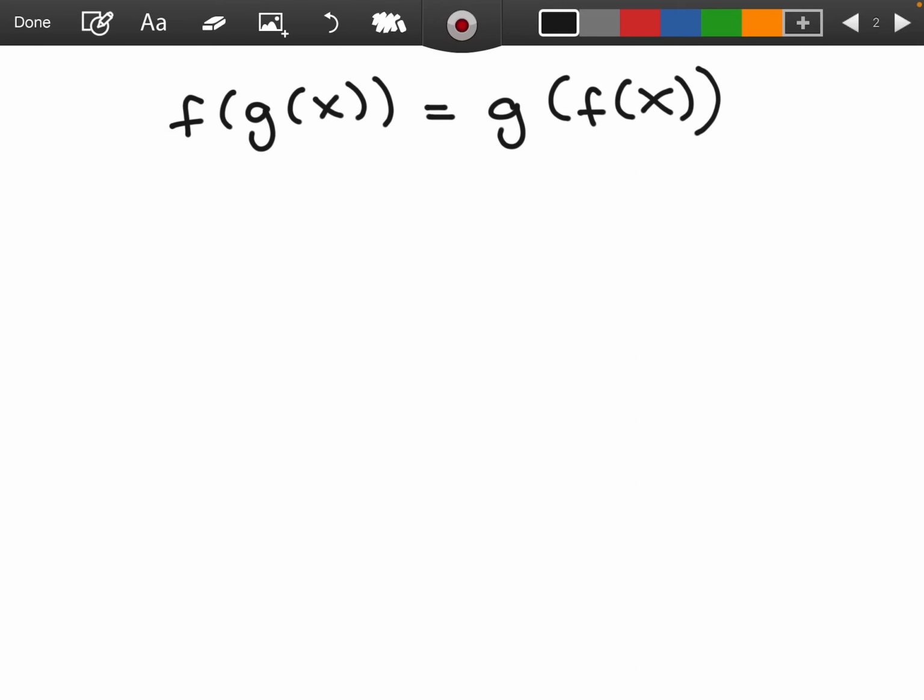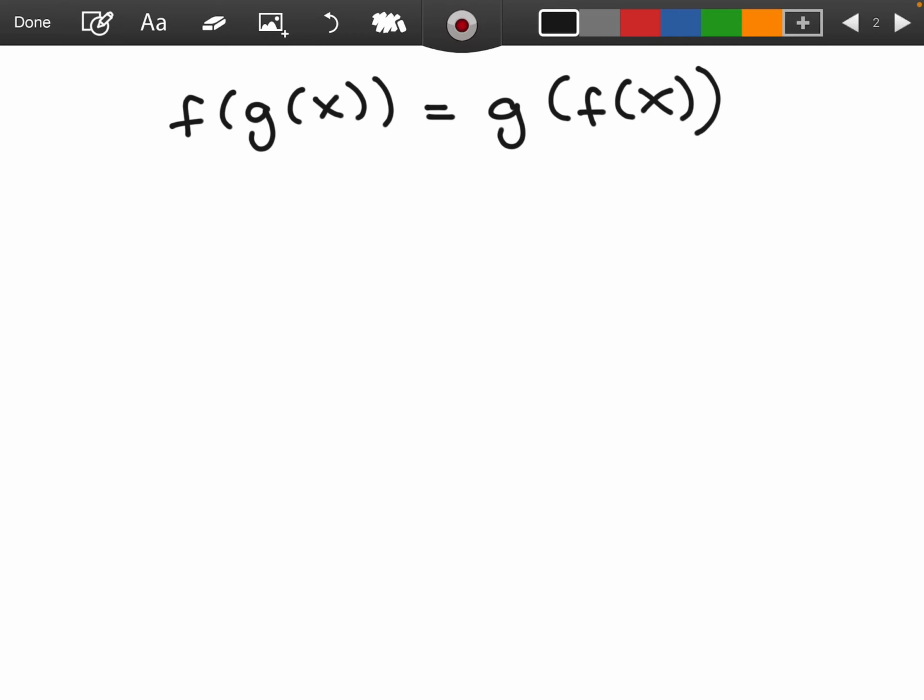Another way to tell if a function has an inverse is by looking at it algebraically. A function will have an inverse if you can find a function g such that f of g of x equals g of f of x.